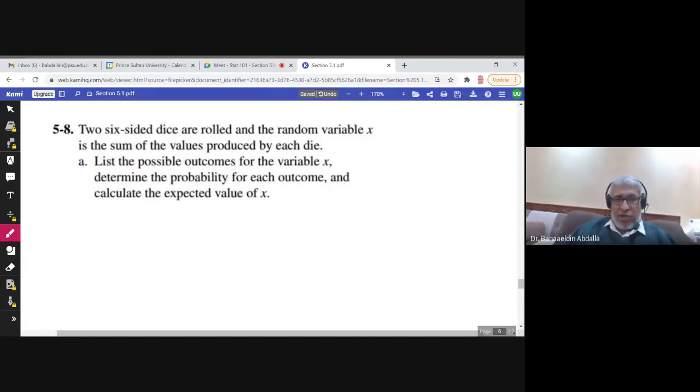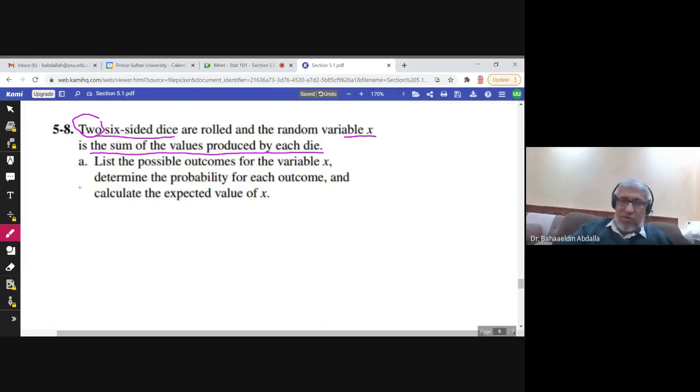Okay, another question. 2 six-sided dice are rolled, and the random variable x, yeah, what is the definition of x? Always he needs to define x, is the sum of the values produced by each die.